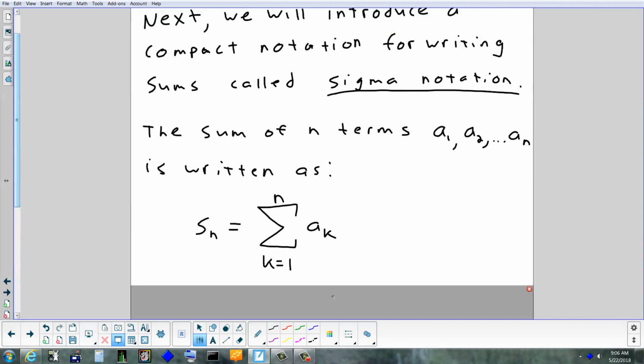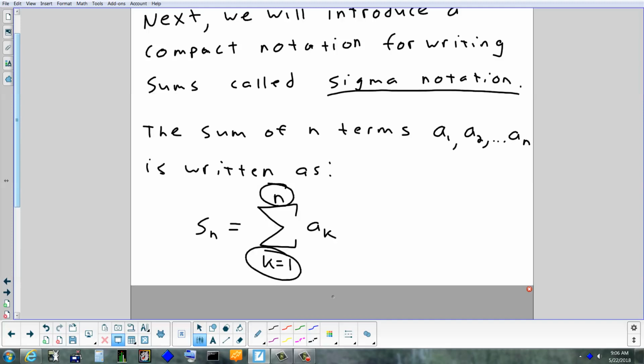So we start with this capital Greek letter. I said it looks kind of like an E, but that's a sigma. And then there are 3 things you have to fill in on the sigma. You have to fill in what term you want to start adding up. In this particular sigma, we're starting with the first term. Where are you going to end? You're going to end at the nth term.